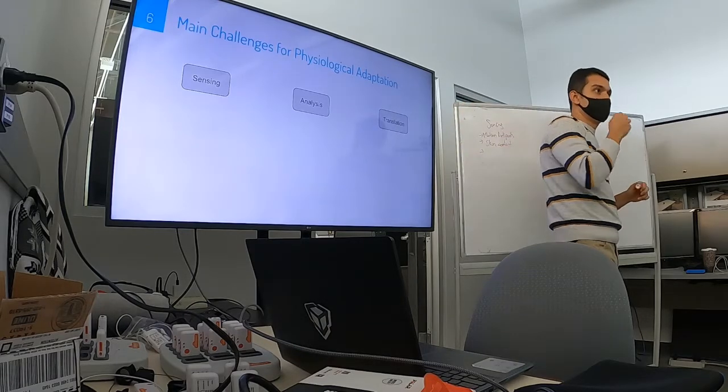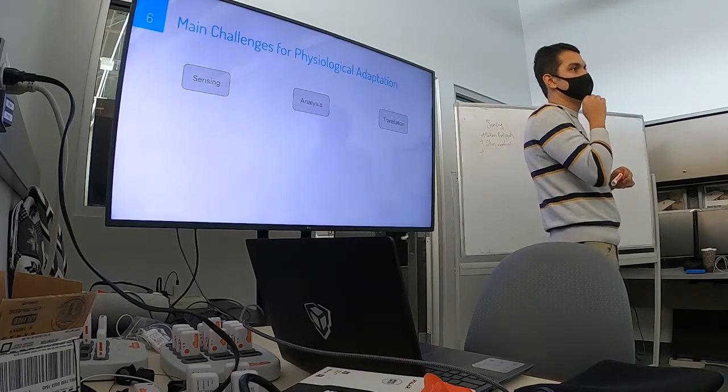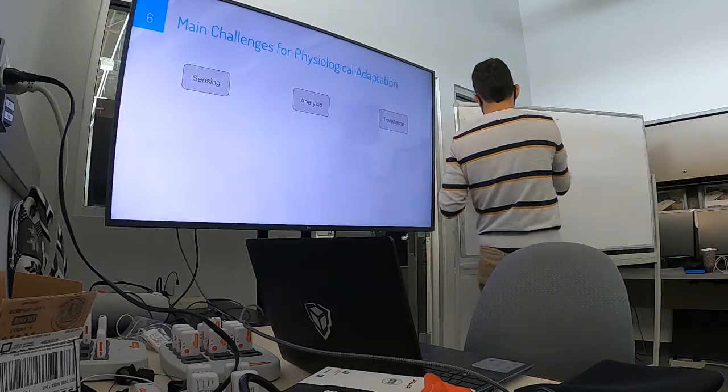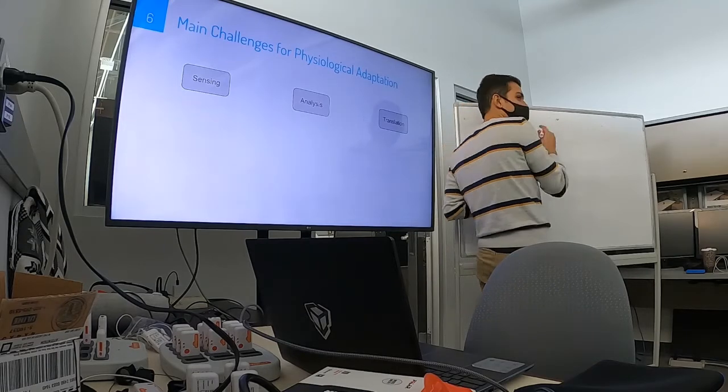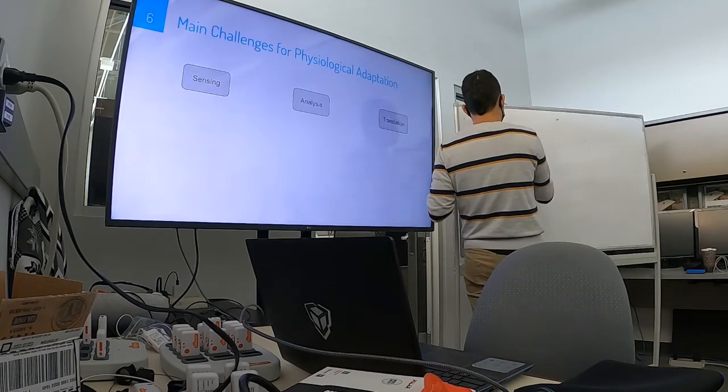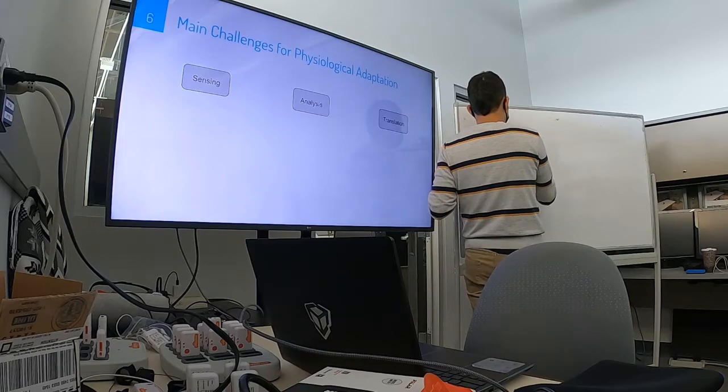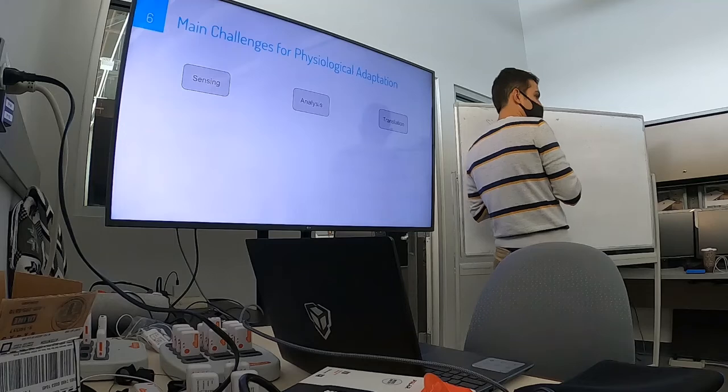Accuracy, just to place the sensor in the specific anatomical part. This is more like when placing the sensor, electrode placing.